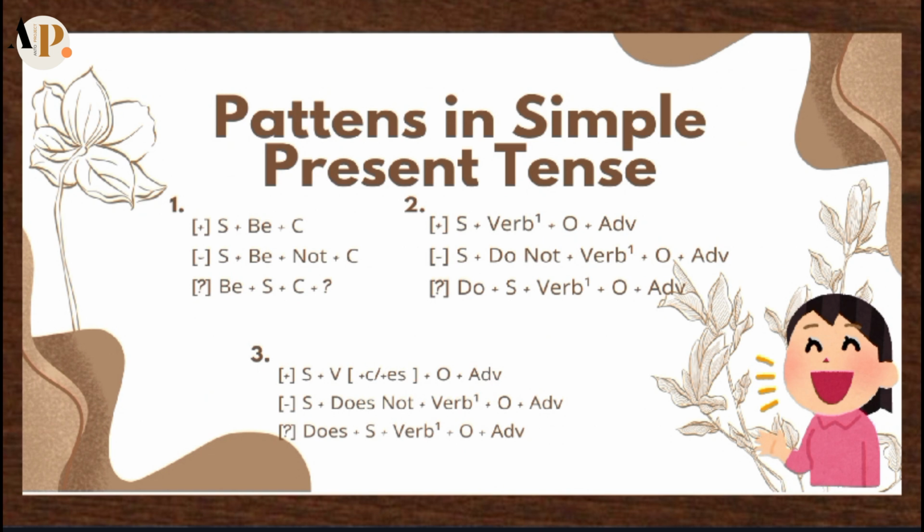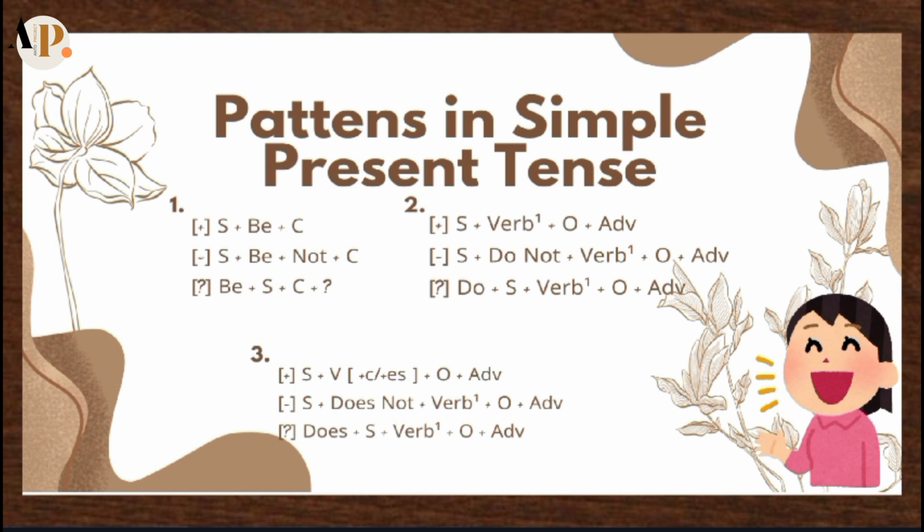In pattern 1, if the sentence is positive, the pattern is subject plus to be plus complement. If the sentence is negative, the pattern is subject plus be plus not plus complement.